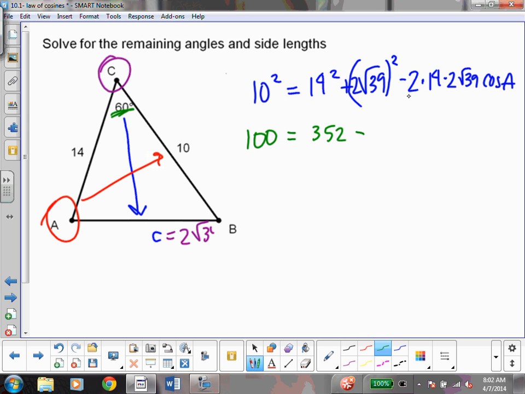And then I have 2 times 14 times 2 root 39, which is 56 root 39, and then the cosine of A. So now I have to get the cosine by itself. 100 minus 352 would be negative 252.